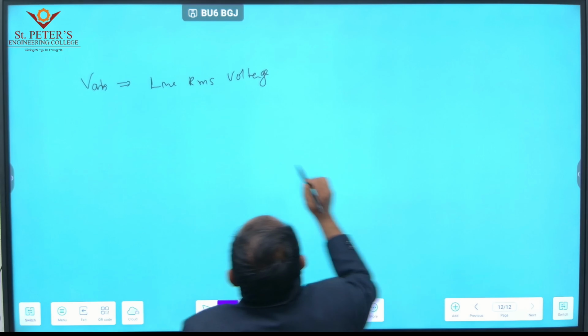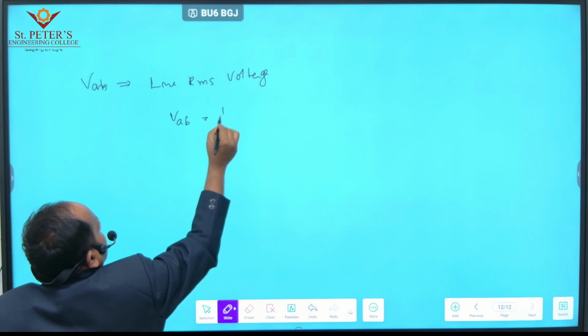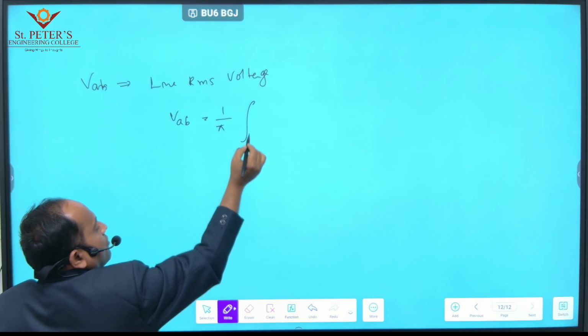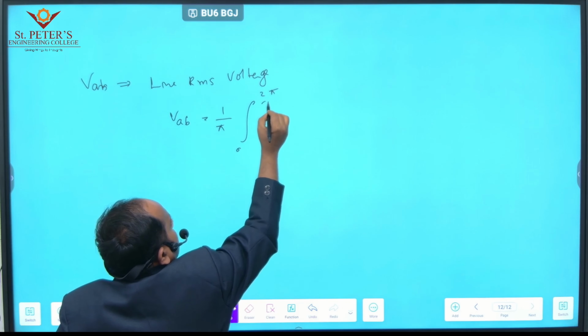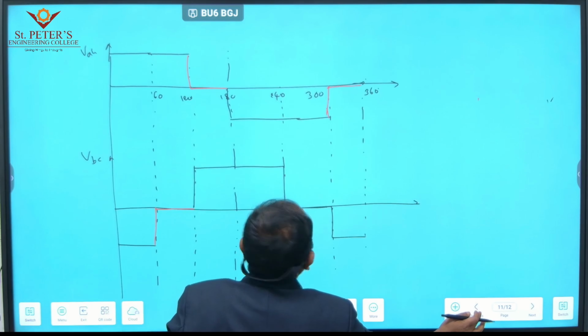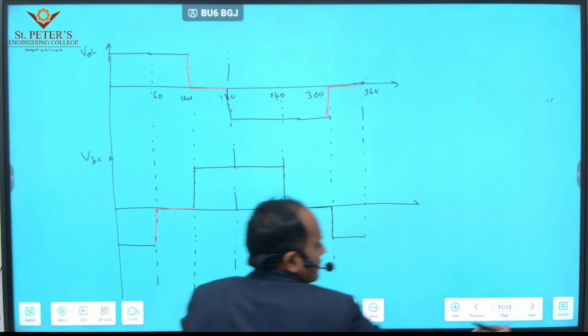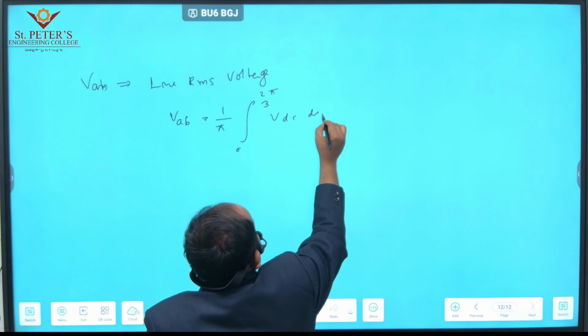Then VAB RMS is 1 by pi, conducting from 0 to 120 degrees, that is 2 pi by 3. And whenever it is conducting, the value is nothing but VDC. So that is VDC and d omega t.